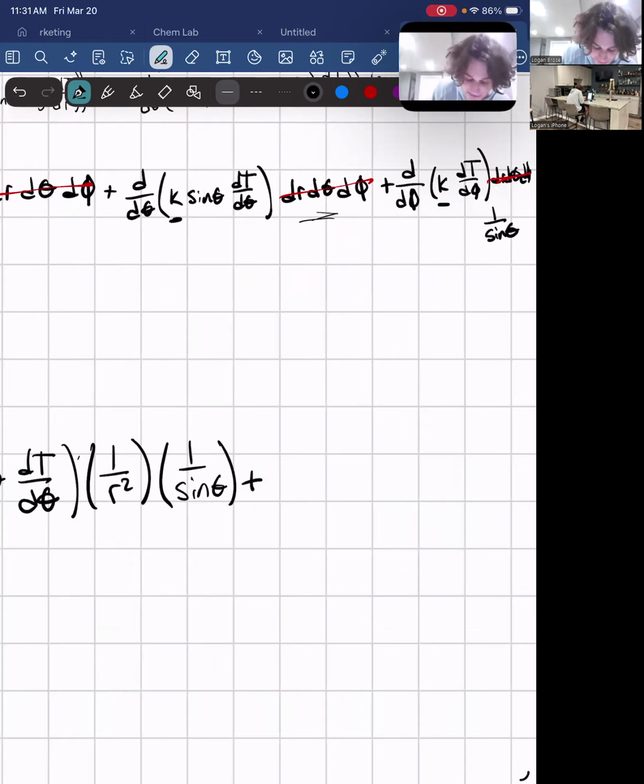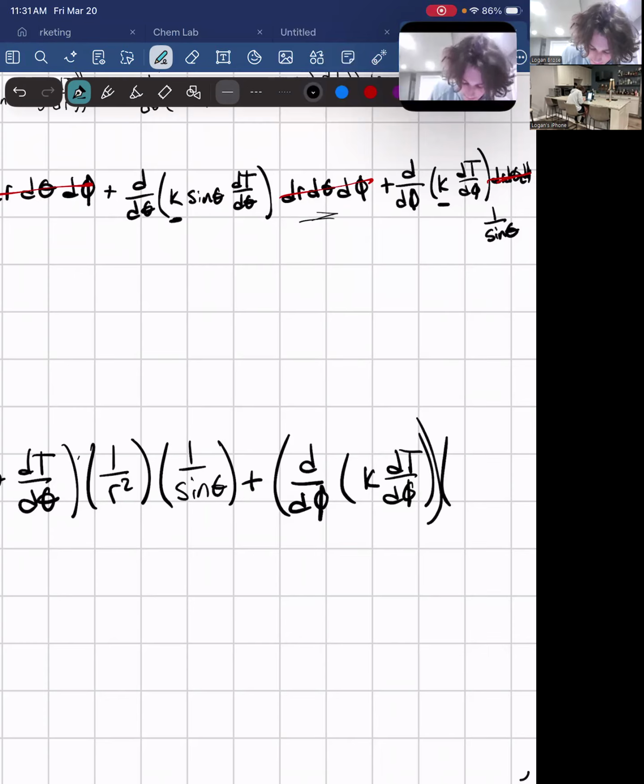And then for this last term, we have our d d phi times our k dT/d phi, and that'll be times 1 over r squared times, and then we're dividing by sine. We have a 1 over sine here, so it'll be 1 over sine squared theta, right?